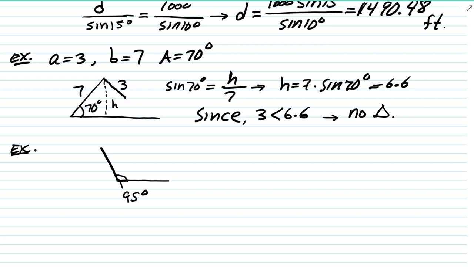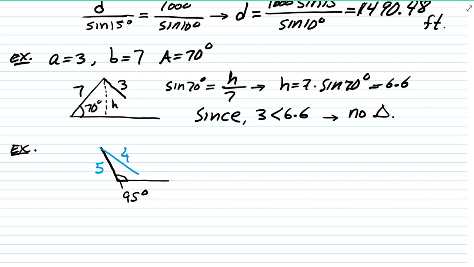So it's obtuse. And suppose now I'm given this side is 4. And this side b, call it 5. Or without labeling any name, let's just call this side 5.